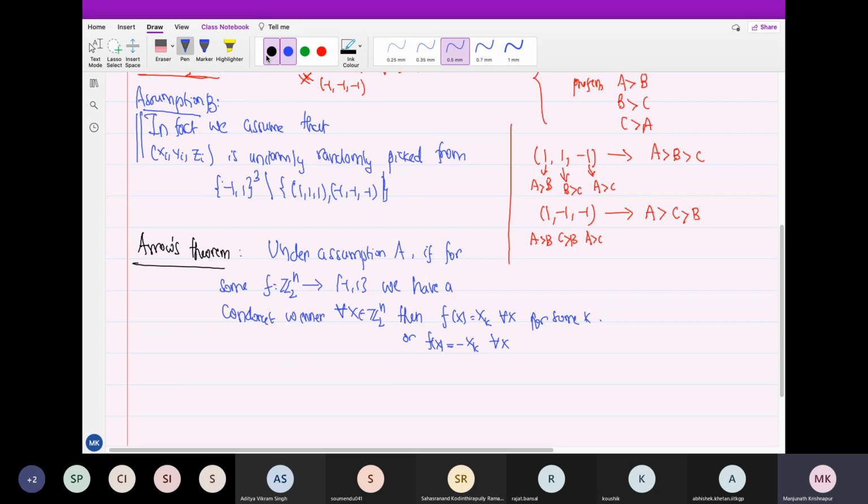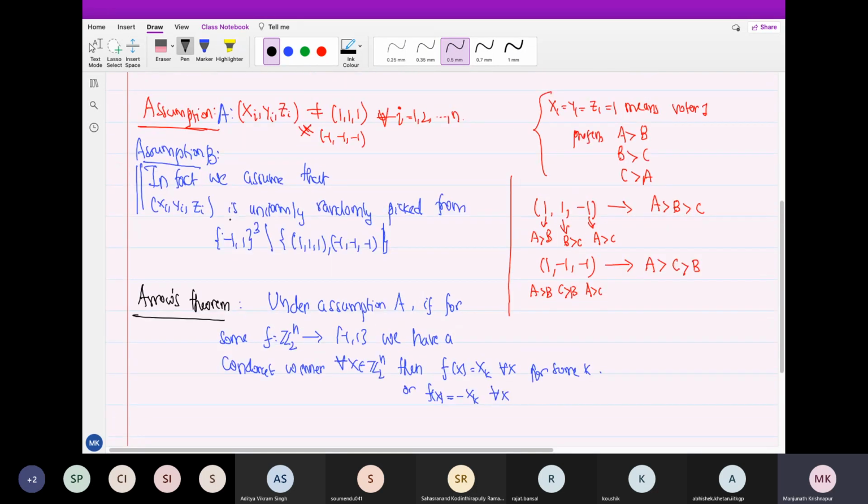Under assumption B, we will prove that if f is not a dictator or anti-dictator, then with positive probability there will be no Condorcet winner. Which means that there are configurations x for which there is no Condorcet winner, but that probability statement is a stronger statement. Okay, I will stop here.